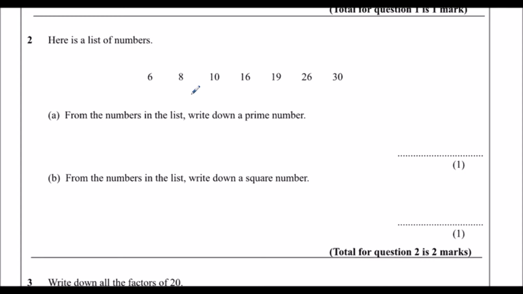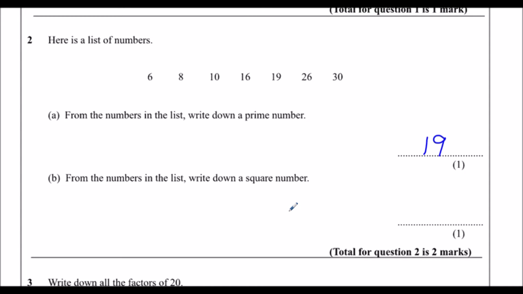All even numbers are in the 2 times table, so no even number apart from 2 is prime, and there's only one odd number here, which is 19, and 19 is in no times tables. It can't be divided by anything apart from 1 and itself, so 19 is prime.